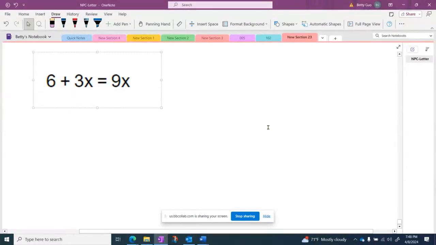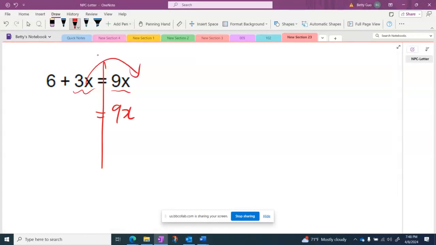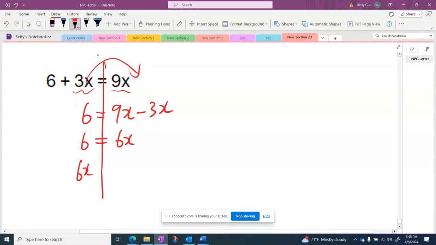Well, they have a common factor. Not only that, I can move 3x over. Move 3x over, so I have negative 3x. Keep 6 on the left side. Okay? So 9x minus 3x, 6x. Or we can switch the sides. 6x equals 6. And then divide each side by 6. We have x equals 1.